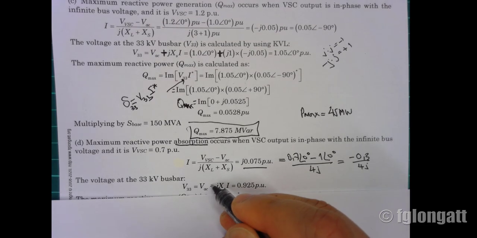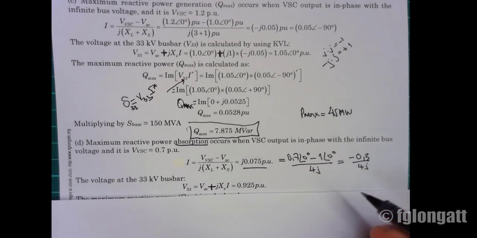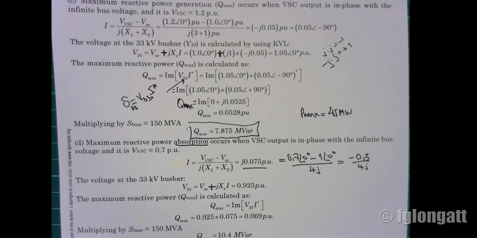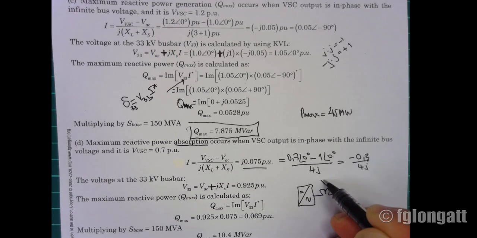Then we need to fix this equation because this equation is positive. Remember, this equation is positive because we have here the power converter, the coupling reactor, and the system over here.